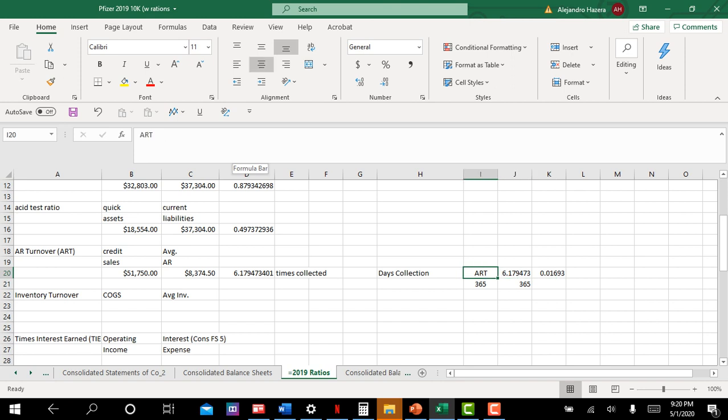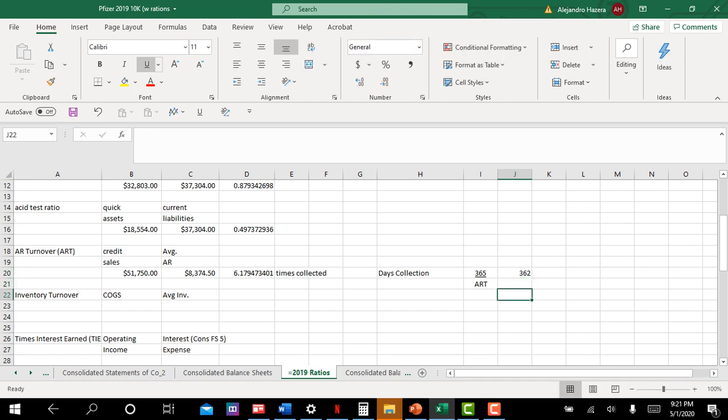Oh, excuse me, I did this backwards. I don't know what I'm thinking sometimes. You're going to take 365 and divide it all over the accounts receivable turnover. Okay, and we'll put a line there. So sorry about that.